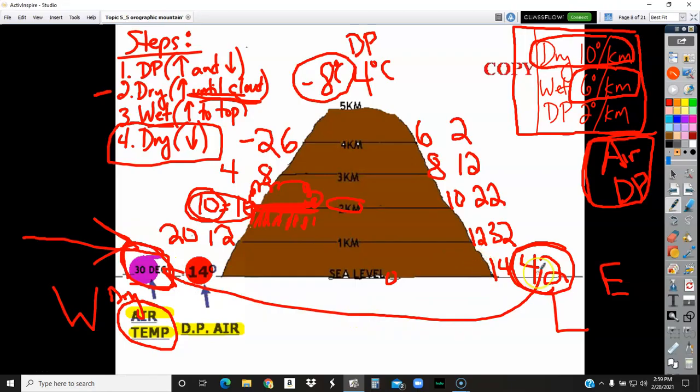In this case, it's 12 degrees. It doesn't have to always be 12. It just has to be higher. Can't be lower, can't be equal. This number should always be greater than what you started with back here on the other side of the mountain, because this side's always the warmer side, and this side's always the cooler side. So in this case, we did it right. If this number came out lower, then somewhere in here we messed up.